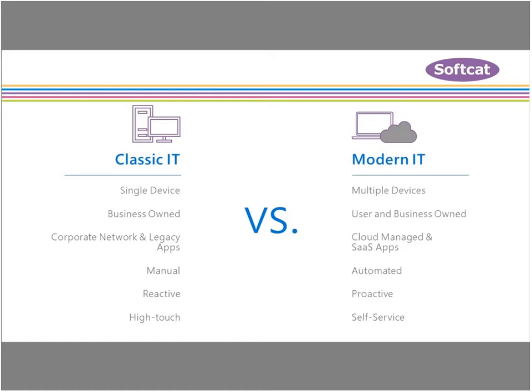And up until recently, if we look at the middle there where it says classic IT versus modern IT, it was very much a vertical split. We do a lot of user profiling exercises with organizations where we would decide how that end user wants to work and which methodology would be the most appropriate way to support them.